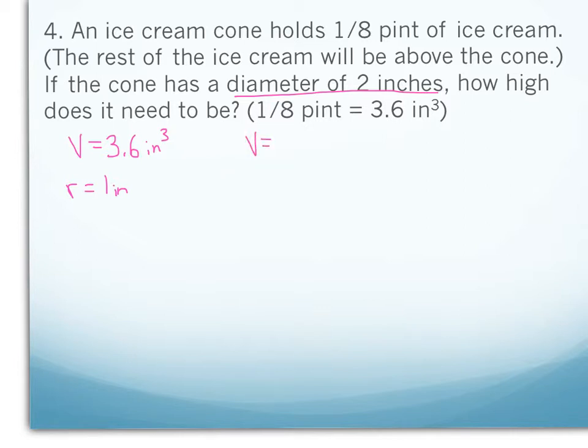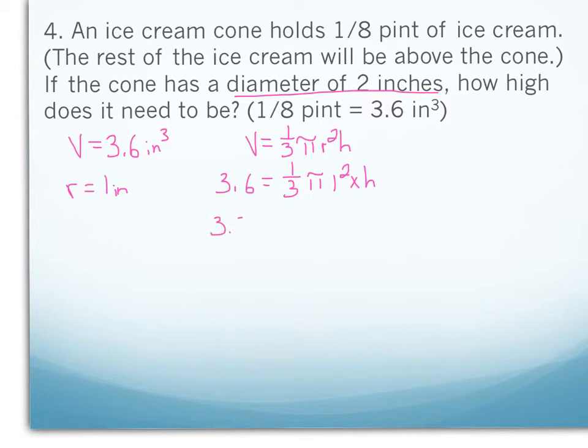So remember, volume equals 1/3 pi r squared h. Then let's plug in what we know. Our volume's 3.6. Our radius is 1, and we're going to solve for h.